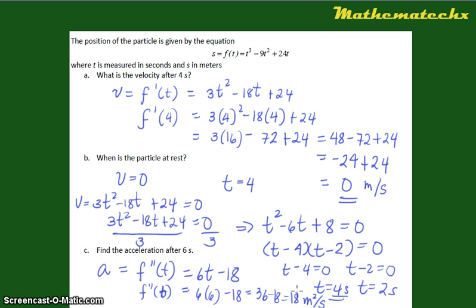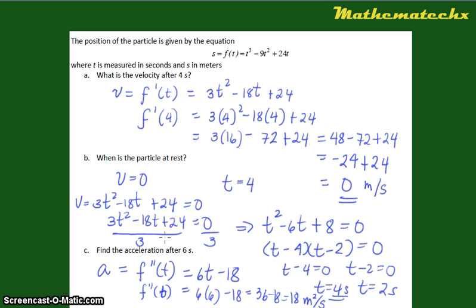Okay, so just a recap. Key ideas are the relationship between the velocity, the position, and the acceleration functions. Velocity is the derivative of the position function. Acceleration is the derivative of the velocity function. And whenever we want to find the acceleration at a given time, all you have to do is replace the t by that number, and you will obtain what you want.